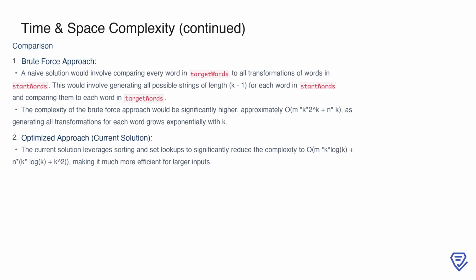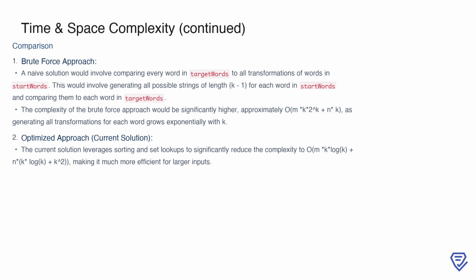Let's compare this optimized solution to a brute force approach. A naive method would involve generating all possible strings of length k+1 for every word in start words and comparing each of these strings to every word in target words. Generating transformations for each word grows exponentially with k, resulting in a time complexity of approximately O(m times k times 2 to the power of k plus n times k).